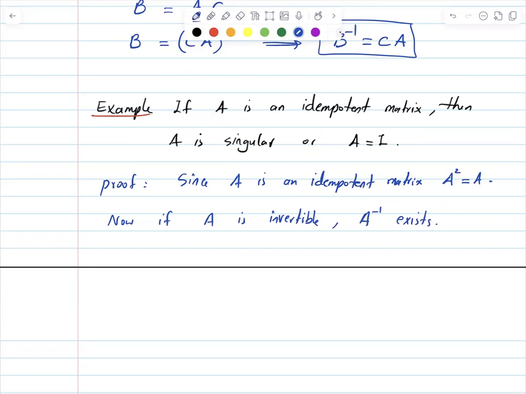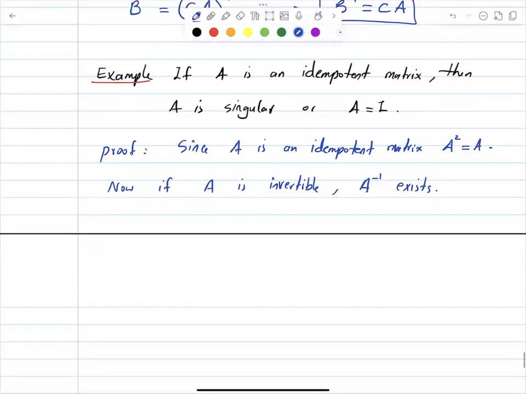So if the inverse of A exists, and we know that A is an idempotent matrix, multiply both sides by the inverse of A.